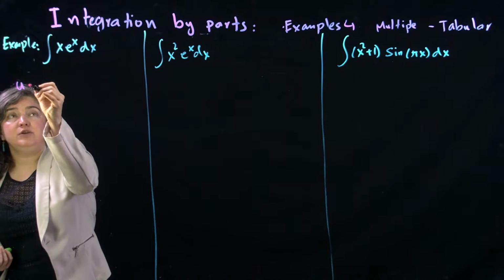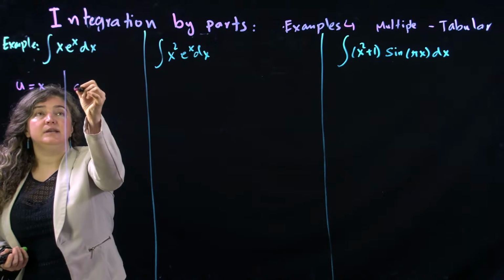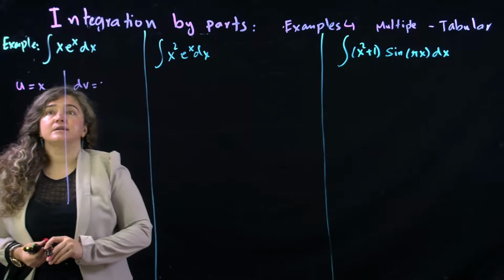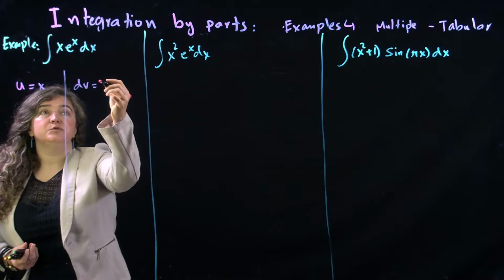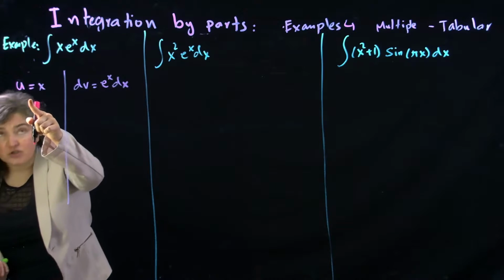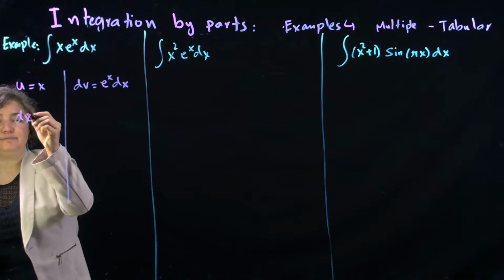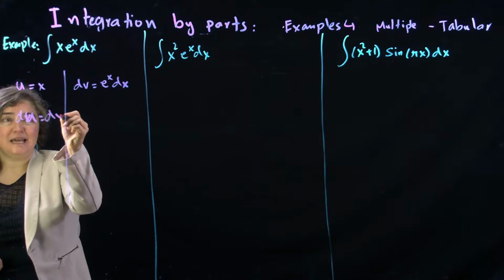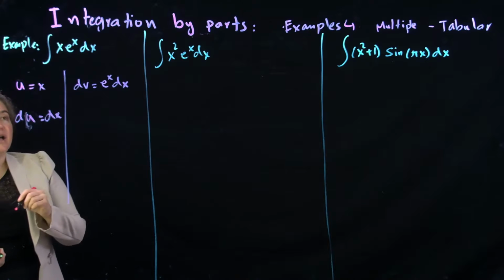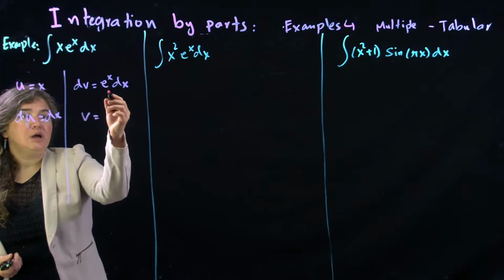I will go u equal to x, and dv to be e to the x dx, and then take the derivative of x to get dx, and then take the antiderivative of that one to get v equal to what?